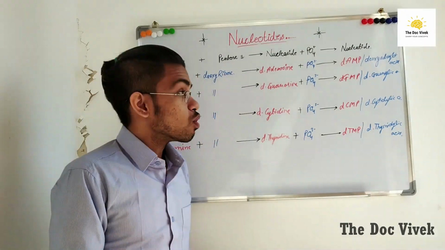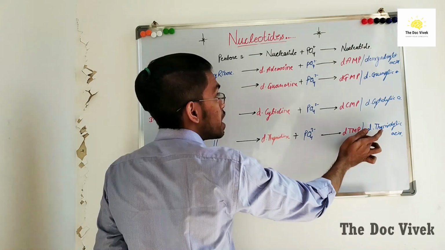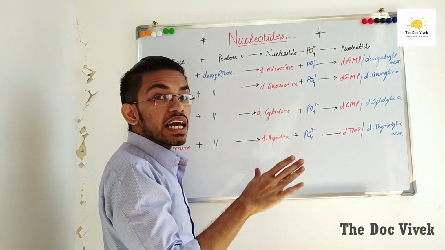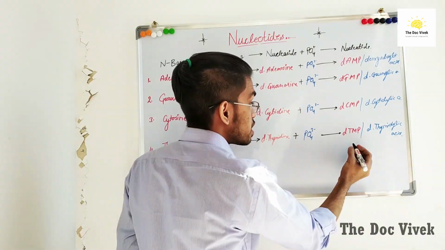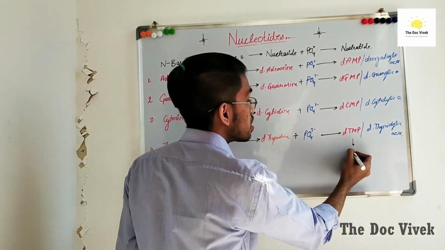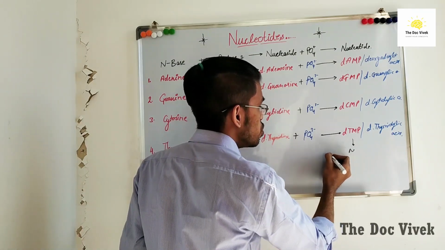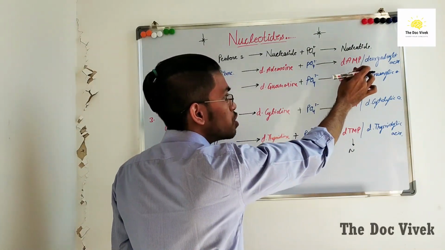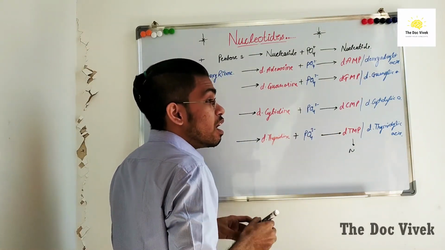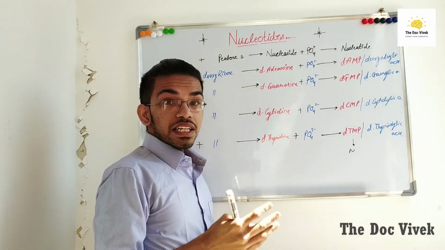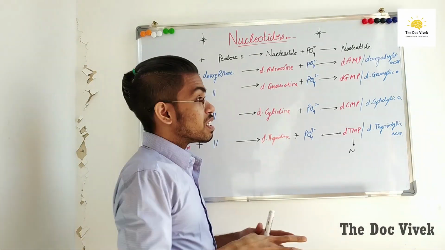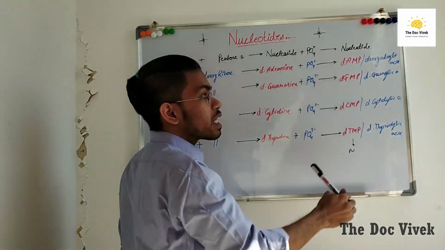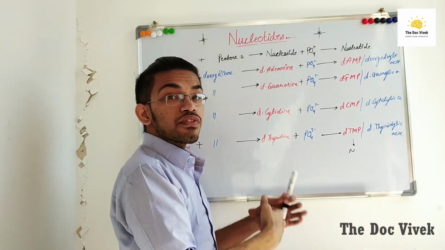Okay, so yes, one more thing. The nucleotides which we have formed now for deoxyribonucleotides and for ribonucleotides are in inactivated form. These monophosphate forms of nucleotides are inactive. When there is replication, transcription, etc., where we need nucleotides, then these inactivated nucleotides are activated by further phosphorylation.